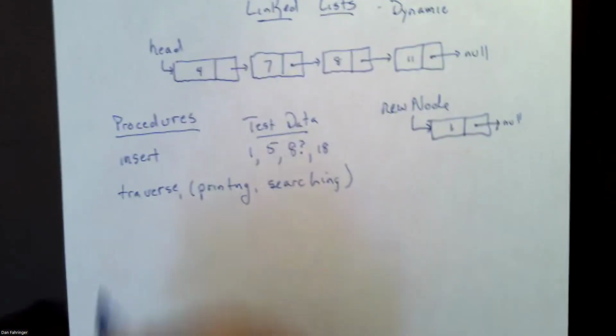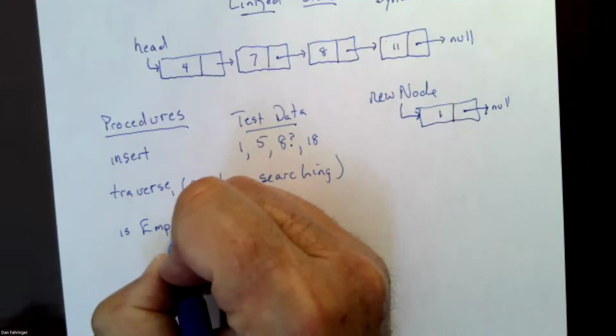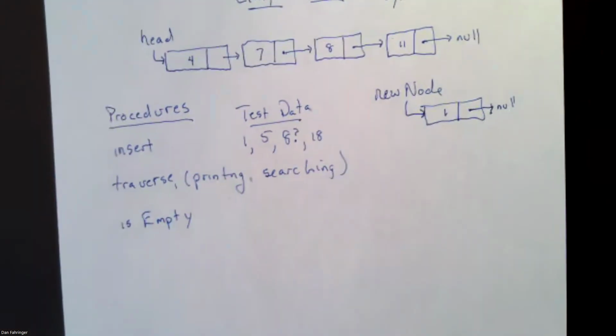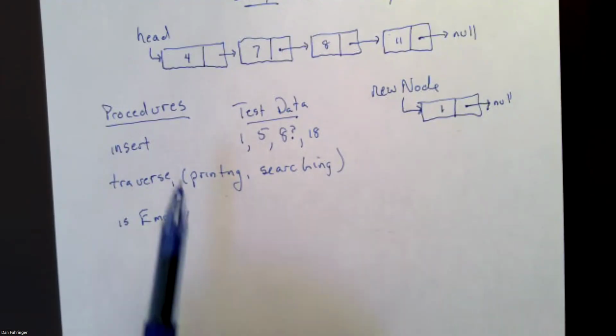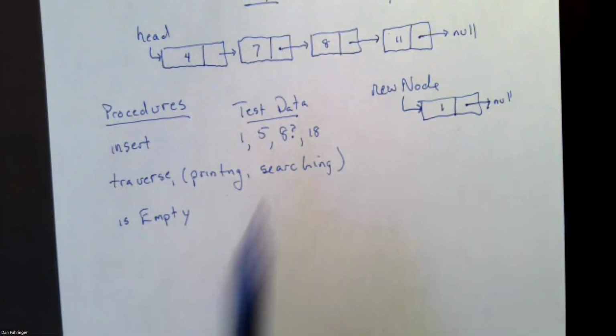Empty. Yeah, there's a lot of times we're going to want to check to see if it is empty. Now, with the array, I might have a count where I have to look at the count of how many items there are to see if it's empty. Here, how would I know if it's empty? Head null.